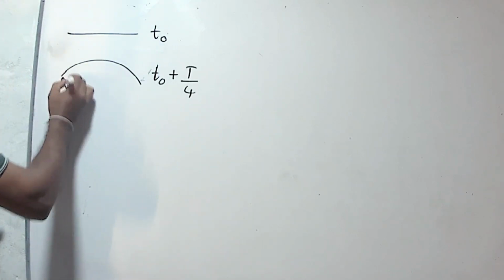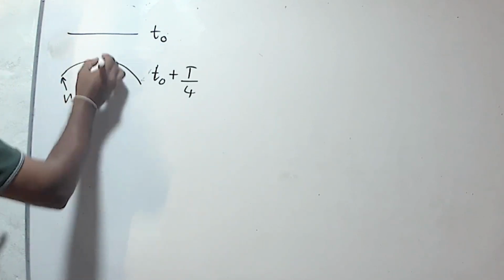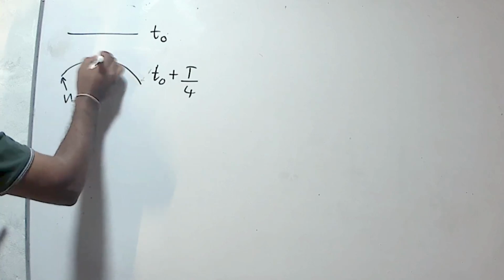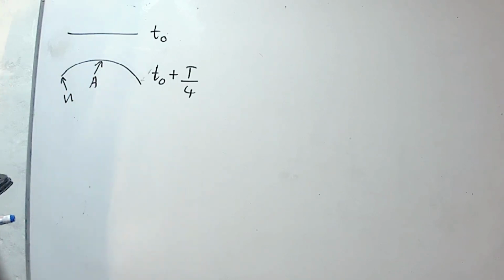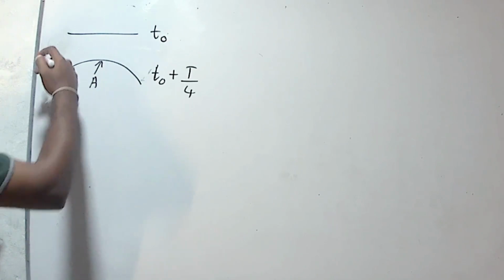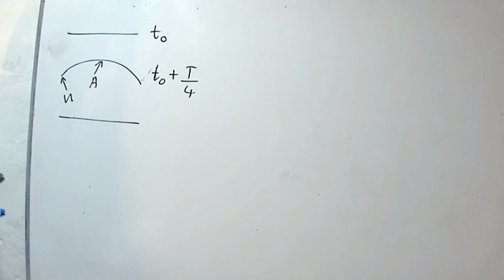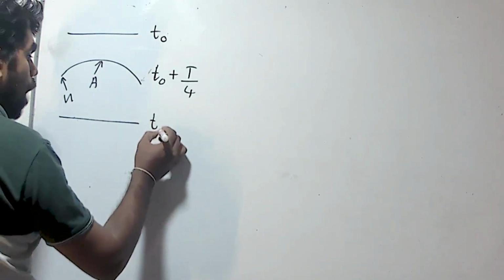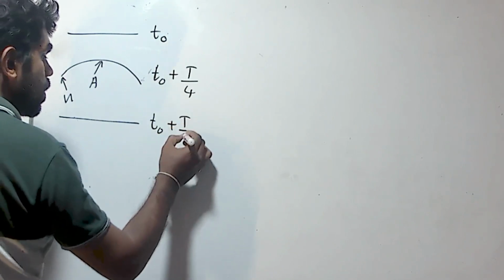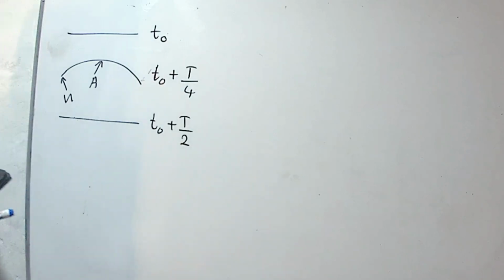This midpoint is an antinode. Again, node and antinode come to the same level after half of the period.